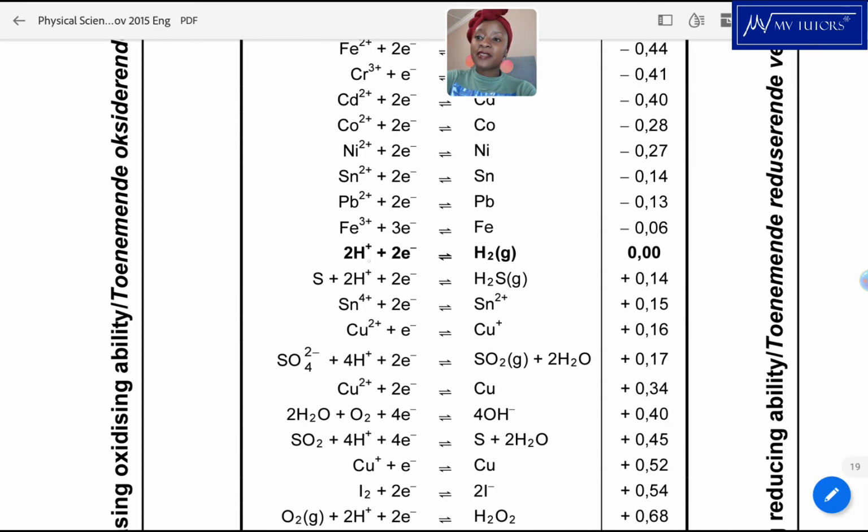So there you have the H plus, which has a voltage of 0, and you have copper 2 plus over here that has a voltage of 0.34. So it will reduce way better than hydrogen. I hope you're seeing this.